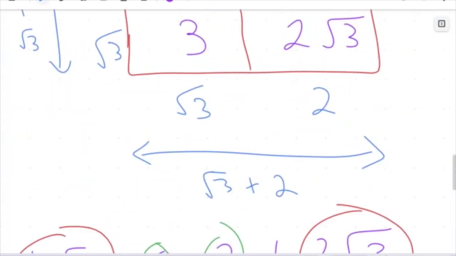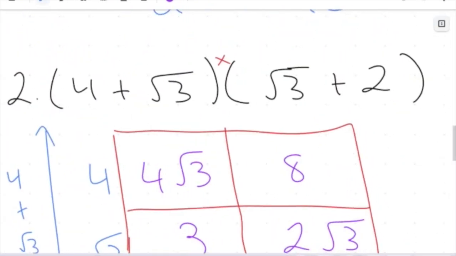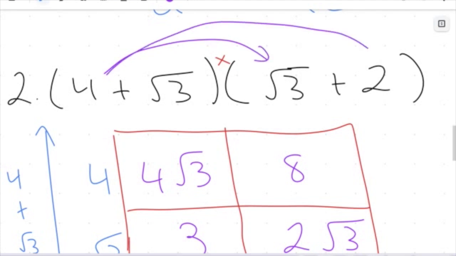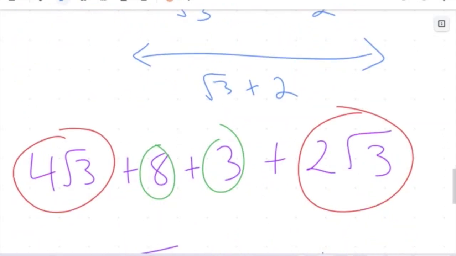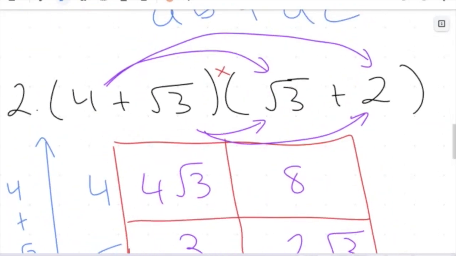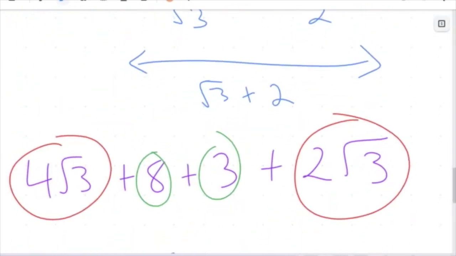So we could have gotten the same thing if we just did our FOIL method. If we multiplied the 4 by these terms and the root 3 by these terms, we would get the same thing. 4 times root 3 gives me 4 root 3 down here. 4 times 2 gives me 8, which I get as my next term.